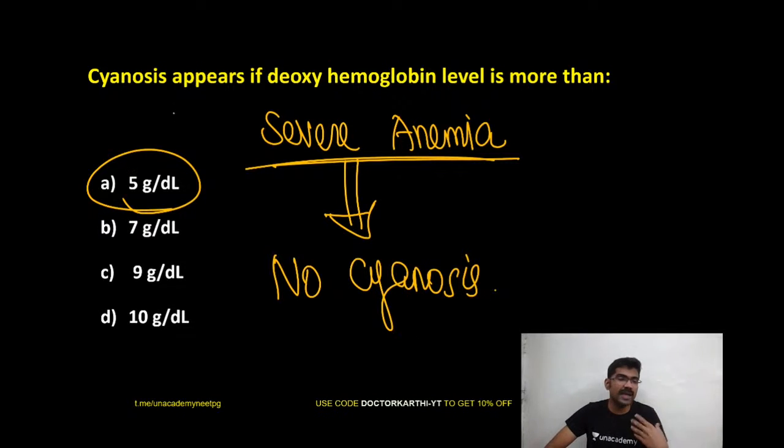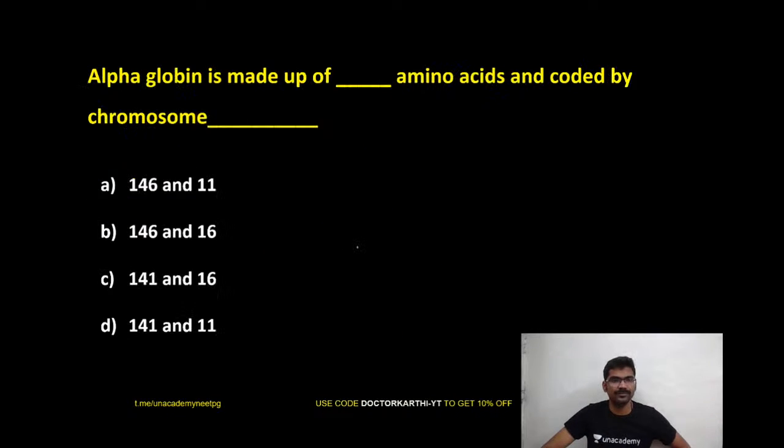Then only cyanosis will appear. In severe anemia, the total hemoglobin itself is less than 5 gram per deciliter. Then how will you get cyanosis? Clear? So this is the reason why you won't have cyanosis in patients of severe anemia.